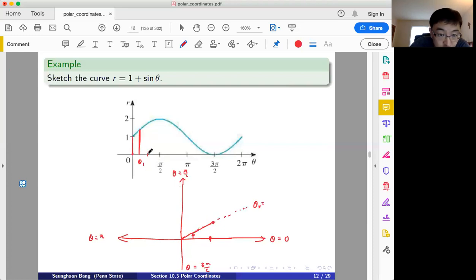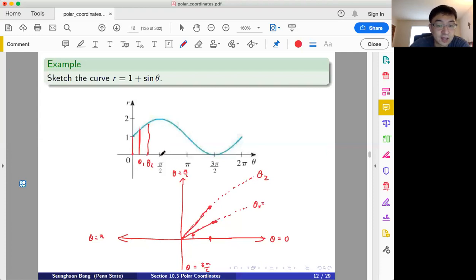Here you can choose theta 2 and this length. Theta 2 is this angle. The length is a little bit greater than the previous one, so like this.